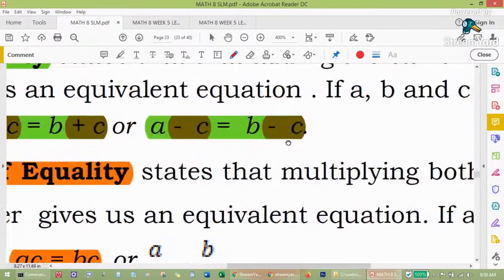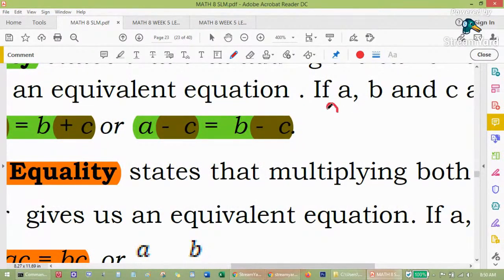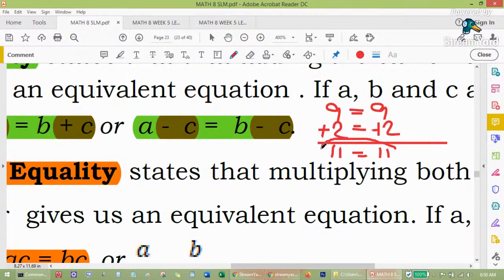No? Example, 9 is equal to 9. Okay? So, pag nag-plus ka dito, nag-plus ka dito ng 2, at nag-plus ka ng 2 dito sa left side, therefore, 11 is equal to 11. Okay?